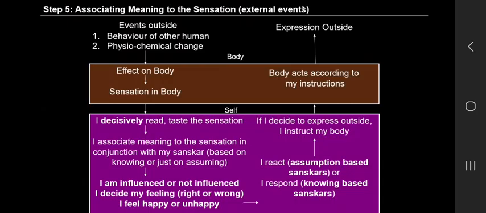And if you resolve it within yourself and do not decide to express outside, now body is not involved. But you are listening to him, it means he has spoken, that sound has reached your ear, you have paid attention, you have read that sensation. This is up to the body. Now things are happening within you.